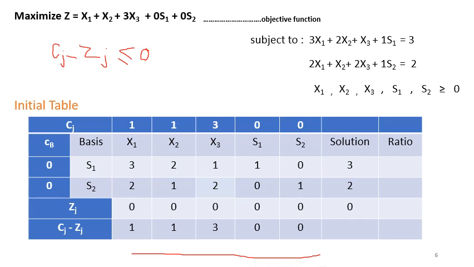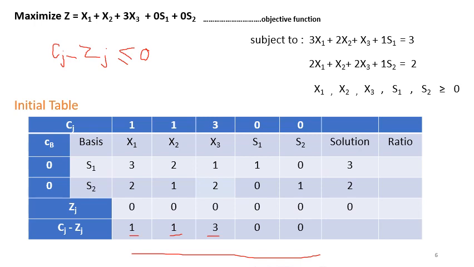But here Cj minus Zj is greater than or equal to 0. You can see all these values are greater than or equal to 0. 1 is greater than or equal to 0, 1 again, 3 is again greater than or equal to 0.